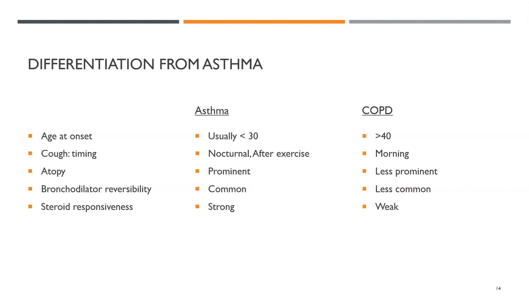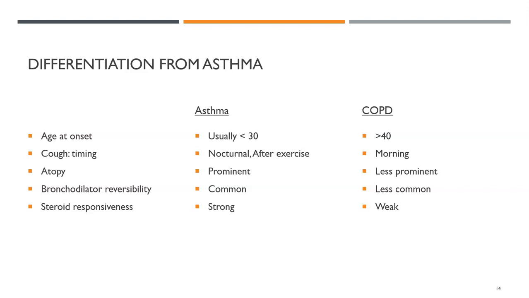With asthmatics, the cough, the timing is important, because they may have it right after exercise or they may do it at night. Whereas someone with COPD, they cough more in the morning. All of that mucus pools together while they sleep, and then they wake up with this horrible cough. The bronchodilator reversibility in asthma is common, but much less common in COPD.